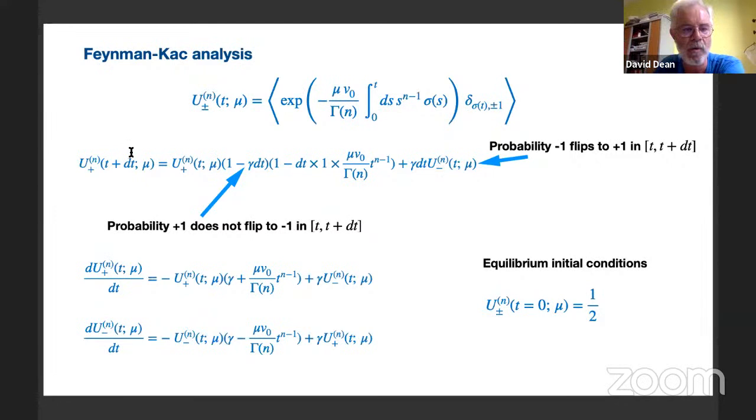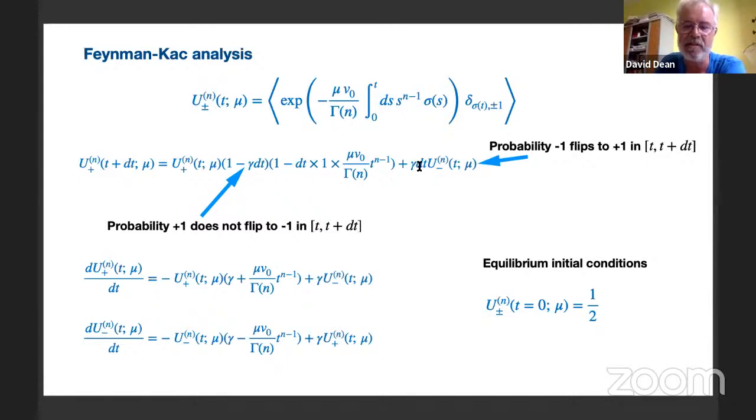All you do is work out what happens when I go to t plus delta t. If sigma doesn't flip, which happens with probability 1 minus gamma delta t, you have all of this exponential with its integral up to the time 0 to t, and you just pick up a little bit more between t and t plus delta t, but with sigma equal to 1. So basically you get a term like this. That's the loss term, and this is the gain term.